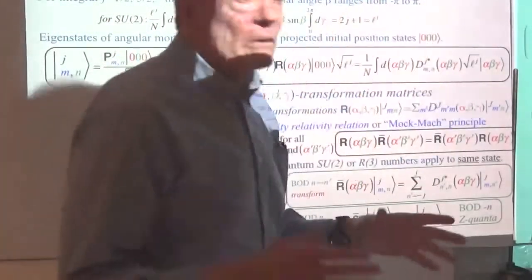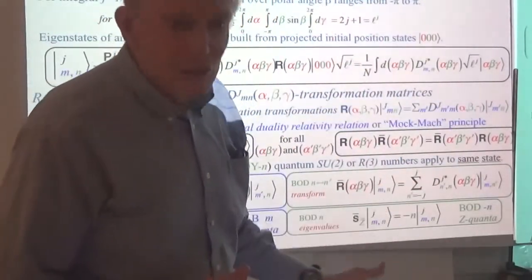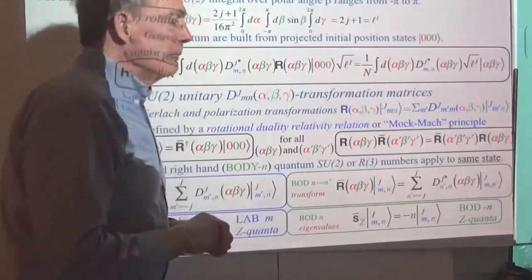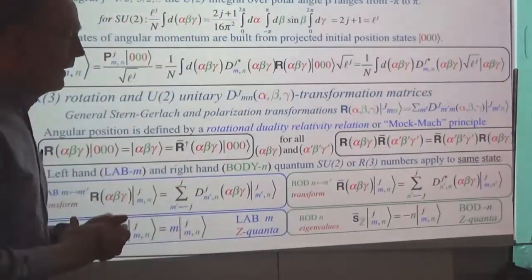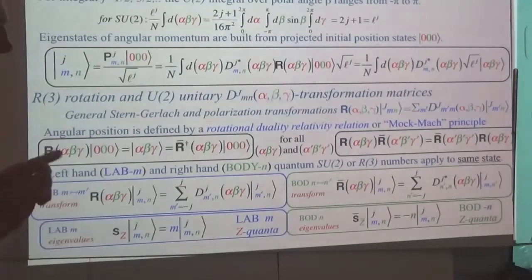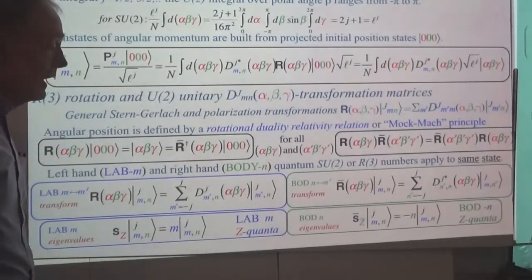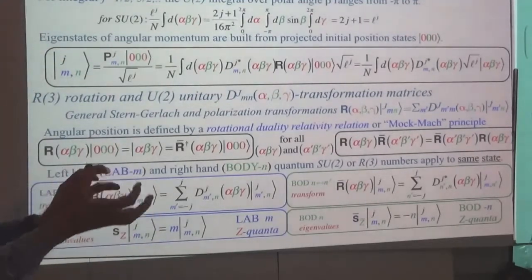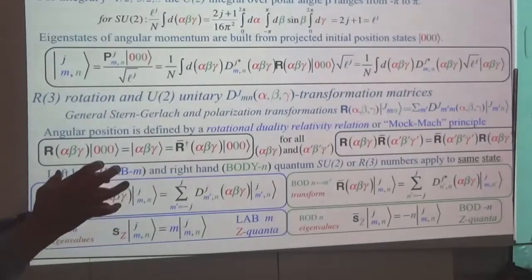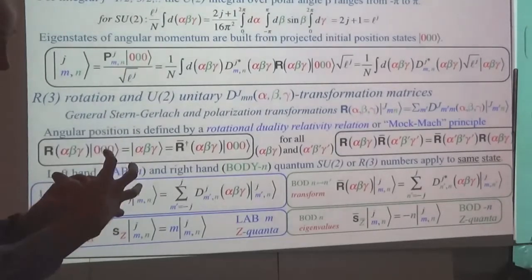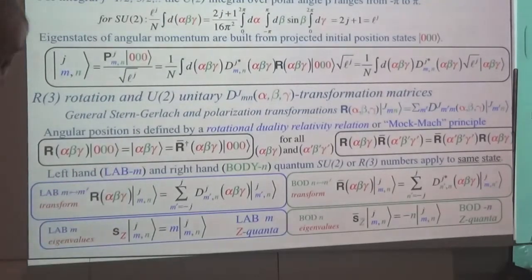So I end up in the same position relative to the body, or the relativity is correct. Absolute value doesn't matter. That's the Mach principle, because we don't care. Quantum mechanics is only really caring about the interference between this thing and this thing, the inside and the outside, if you will.